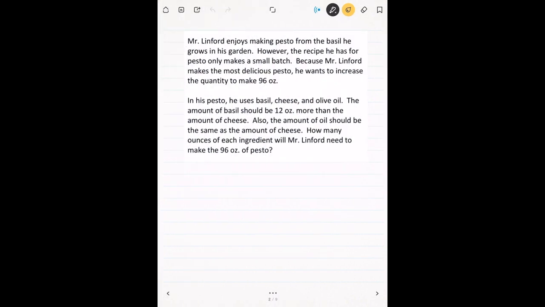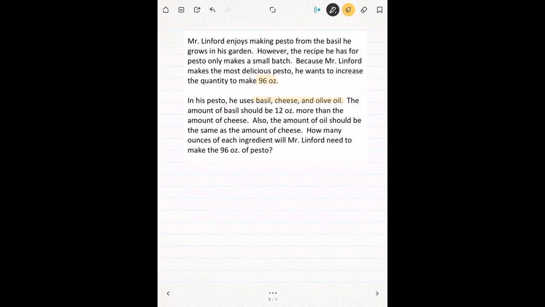Now, in this first problem, we're going to talk about a mixture. In particular, we are making a mixture of pesto. If you read this problem, you're going to realize that we want to make 96 ounces of pesto. To make pesto, we're going to include the ingredients basil, cheese, and olive oil.